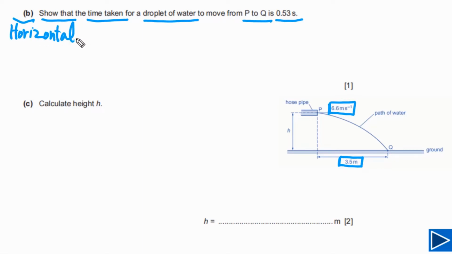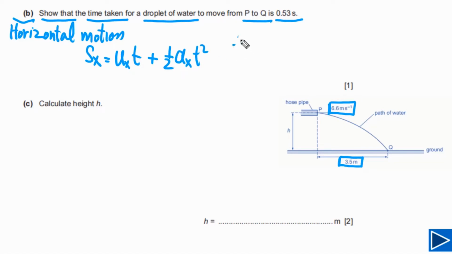For horizontal motion, we can write horizontal displacement is equal to ux times t plus 1/2 ax t square. But in this case, ax is equal to 0 because there is no resultant force acting along horizontal. So horizontal displacement is equal to ux times t, because ax is equal to 0, so this term is equal to 0.